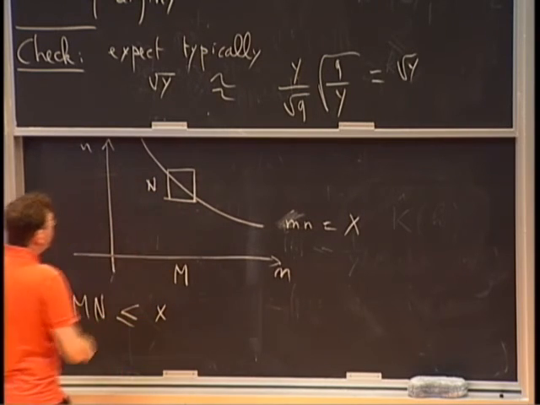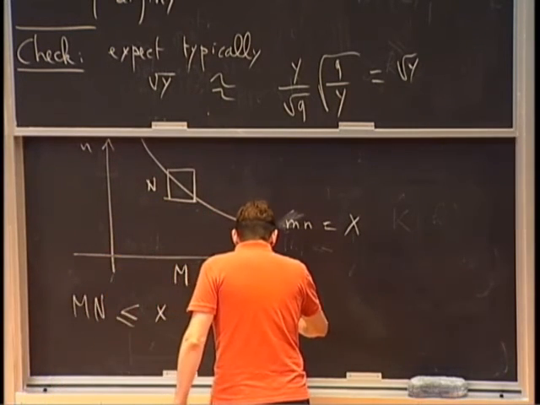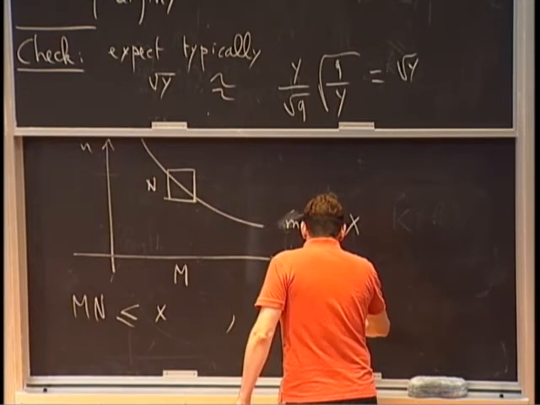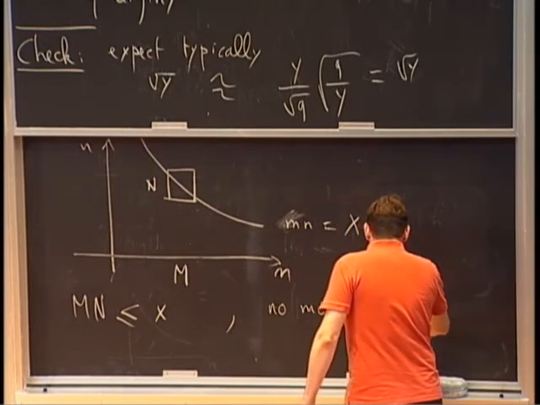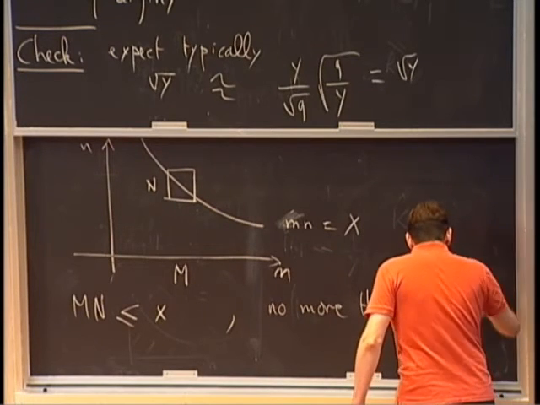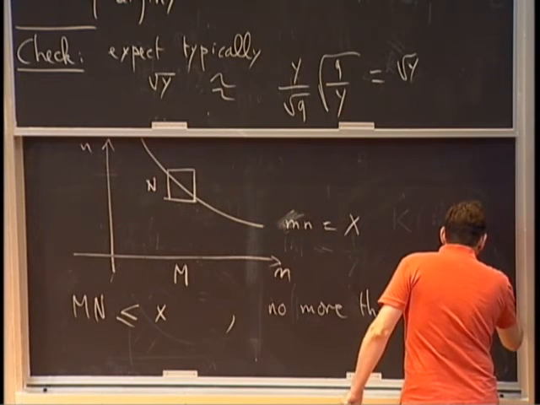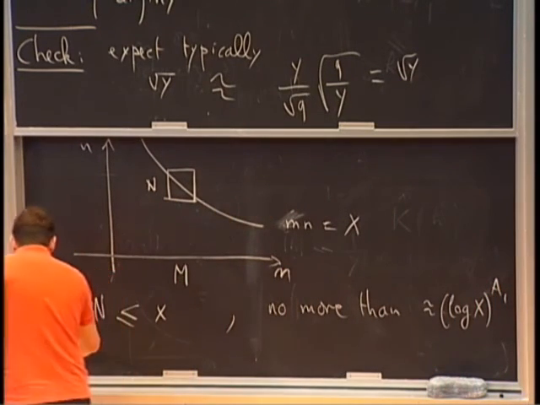You don't want too many intervals because we're going to sum trivially any other term on all these intervals. So the length M and N, so we want no more than about, well, if we want to gain powers of log x, we should have no more than some power of log x intervals.